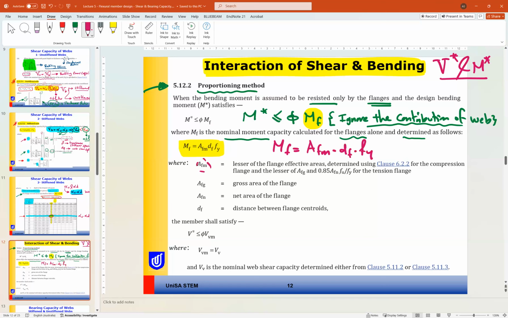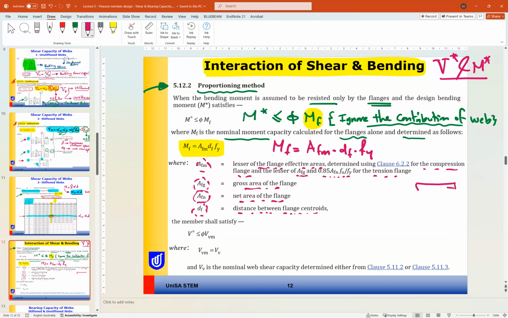Afm is the lesser of the flange effective areas for the compression flange, and for the tension flange it is the lesser of Afg and 0.85 Afn fu over f yield, where Afg is the gross area of the flange, Afn is the net area of the flange, and df is the distance between the flanges' centroids.